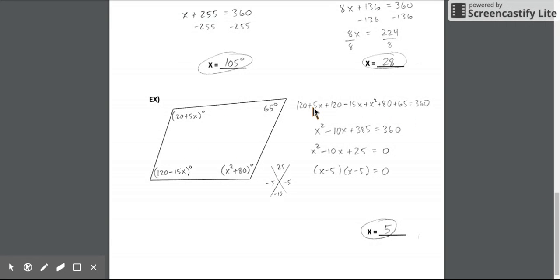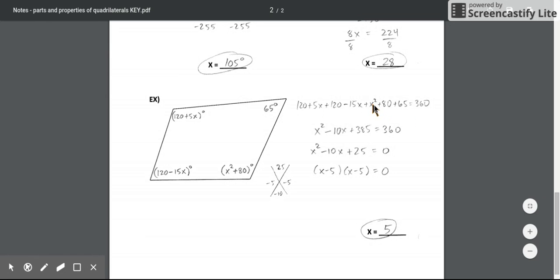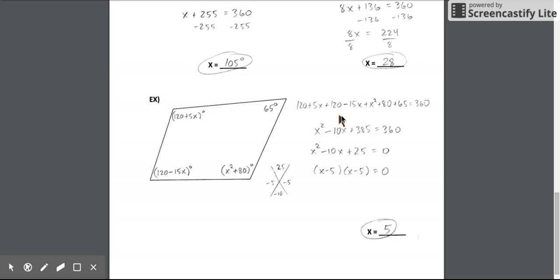We're going to combine our like terms. There's only one x squared term, so I'm going to put that at the front. Let's look for our second term. Our middle term in a quadratic is our b term, and that is our x to the first power terms. So we have negative 15x and we have 5x. When we combine those, we get negative 10x.